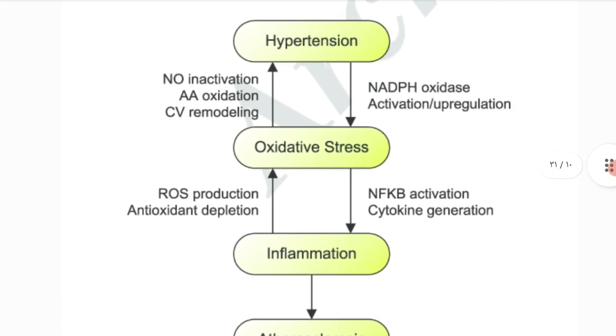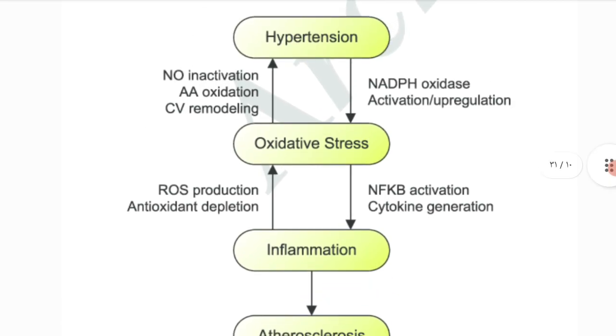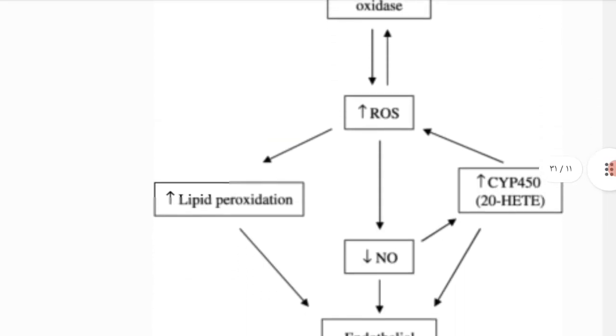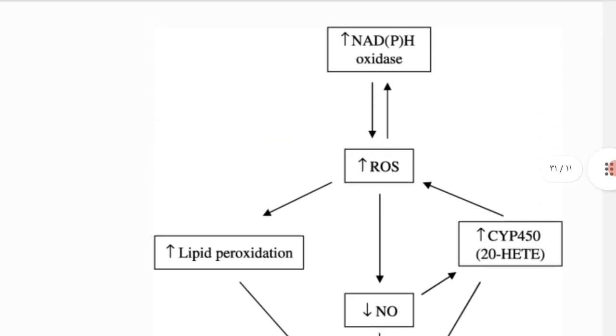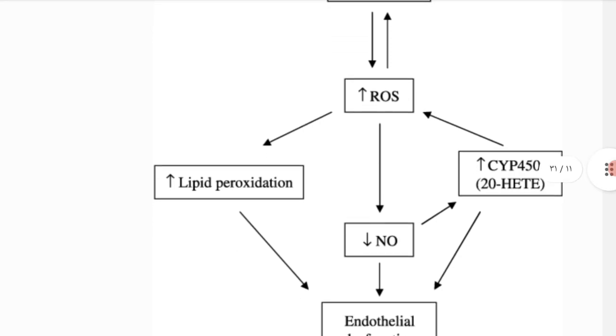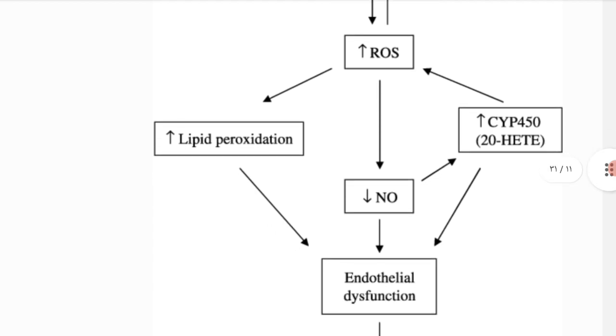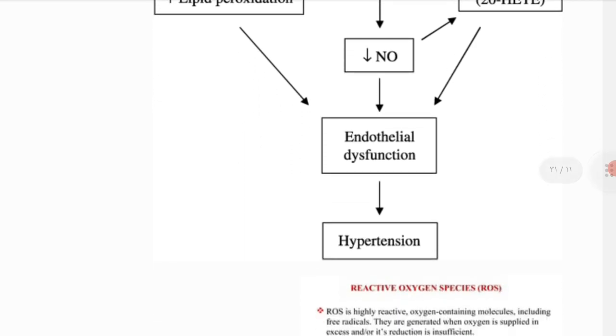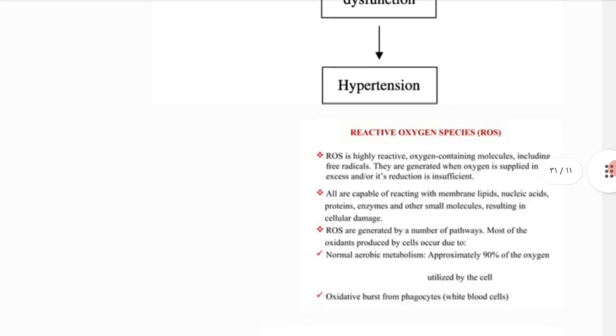But if hypertension continues, it will lead directly to atherosclerosis. If not, oxidation increases ROS. When ROS increase, it will lead to increased lipid oxidation and decreased NO. This leads to endothelial dysfunction and this causes hypertension.